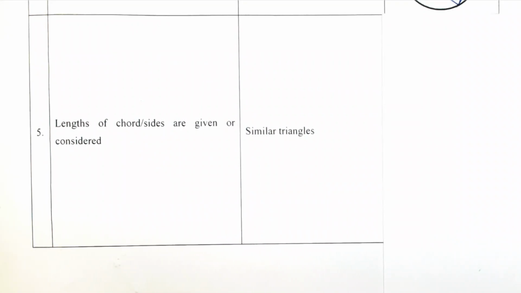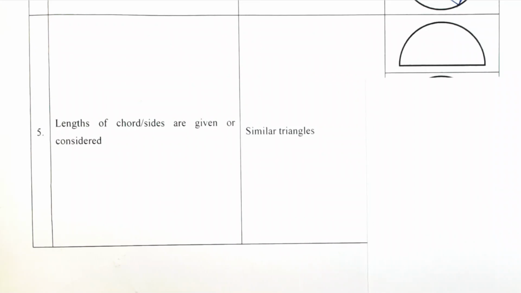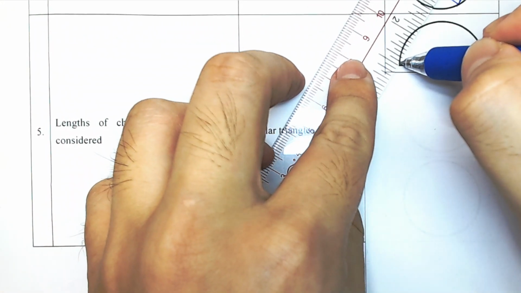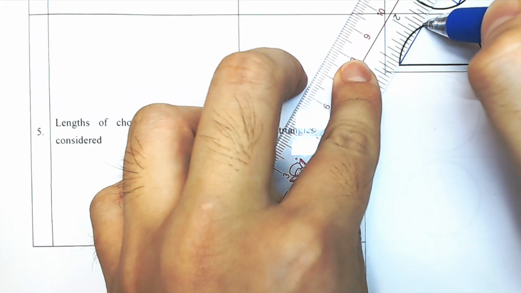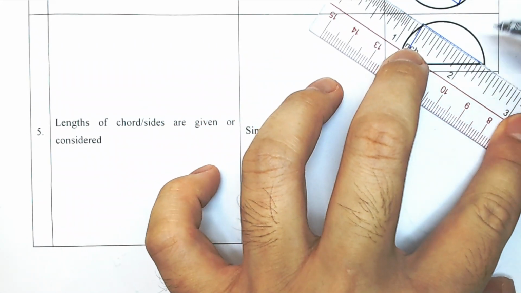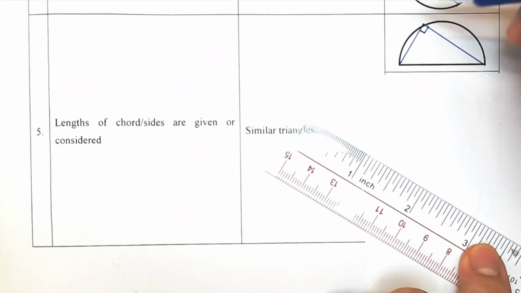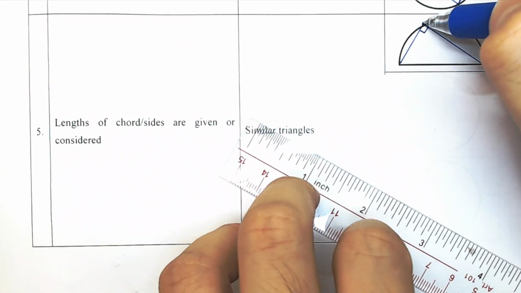And in the following, I will introduce to you 3 common types of similar triangles. Number 1, it happens inside a semicircle. We know that in a semicircle, we have angle in semicircle, which is a right angle. And what if we choose this point and I draw a perpendicular line to the diameter?